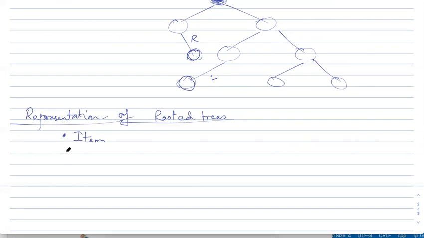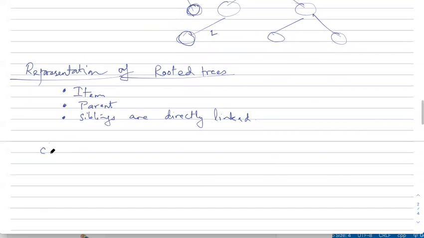And therefore, a common way to represent rooted trees is to first represent the item, whatever the type of that item is. You can optionally represent the parent, and the siblings are directly forming a linked list. So directly linked. That's a typical way you represent the rooted tree. So in other words, this would look like something like this. So class tree node.